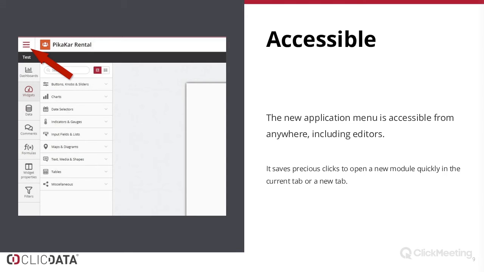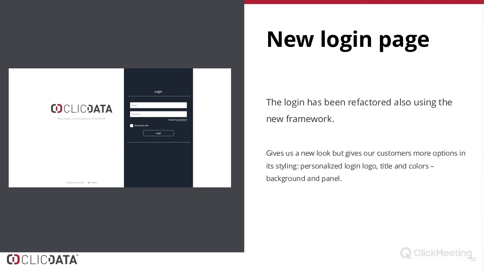So you can quickly open a new tab just simply by going to the top menu, expanding it, and doing a right click, open a new tab, and boom, you're there already. So it's very, very quick to access without even exiting your current screen. This saves obviously some precious clicks, and hopefully it'll make your life easier accessing the menus very quickly.